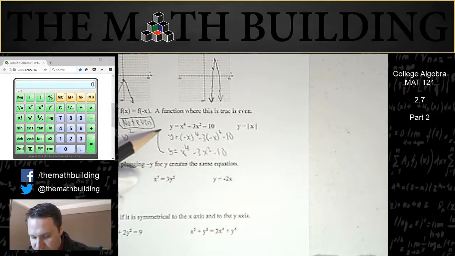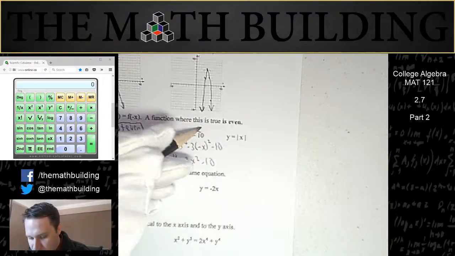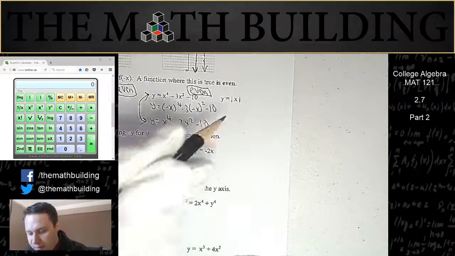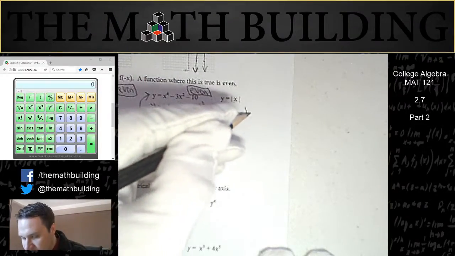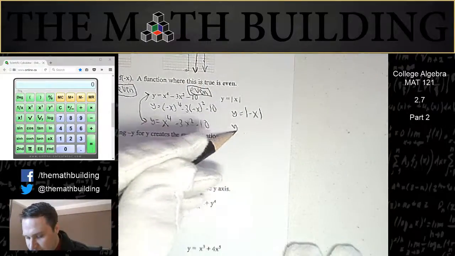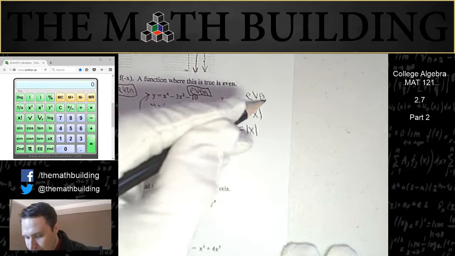And you can see that these two graphs are the same. So when we plugged in a negative x, all of these even exponents took care of it. So this third one is even. And this fourth one, if we plug in a negative x into the absolute value, the negative sign is just positive. So we see that this one is even as well.